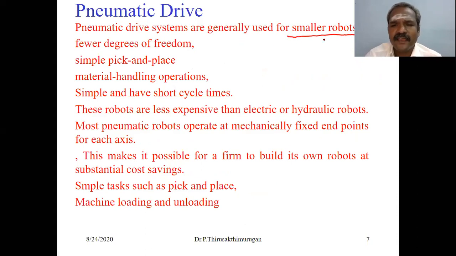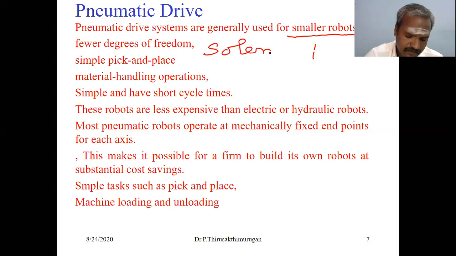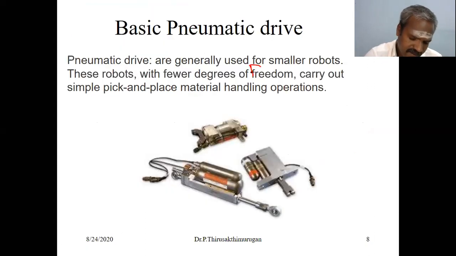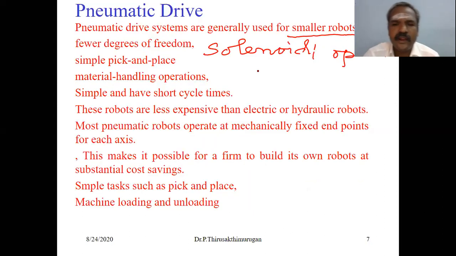Mostly, as I told you earlier, smaller robots can be a combination of electric drive with pneumatic drive. Those motors are called solenoid operated DC motors.